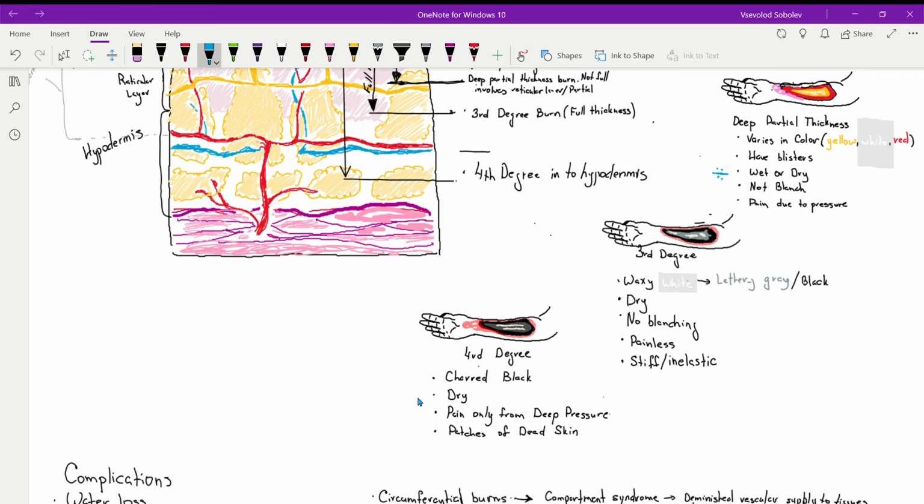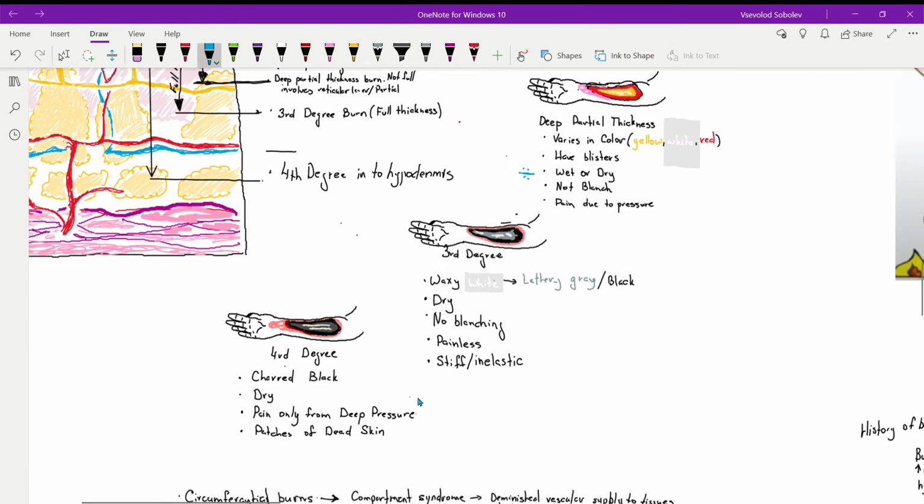And fourth degree is charcoal black. That's all the way to the muscles. Should be all the way here probably. Okay. They're charred black, dry, pain only from deep pressure, patches of dead skin are there.